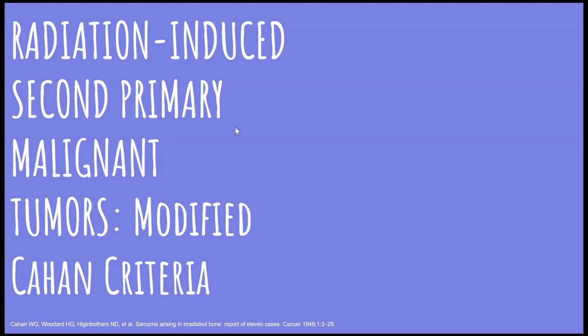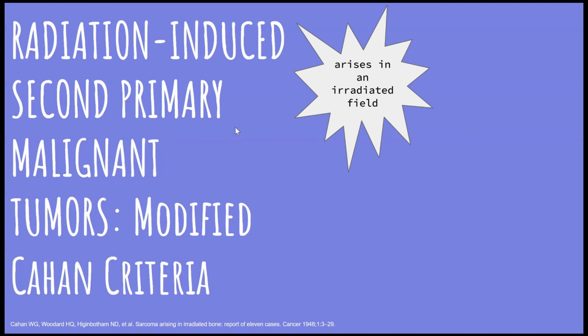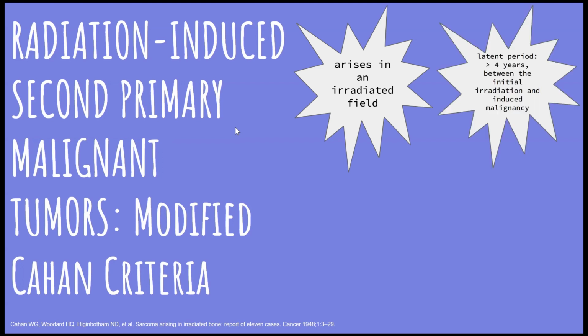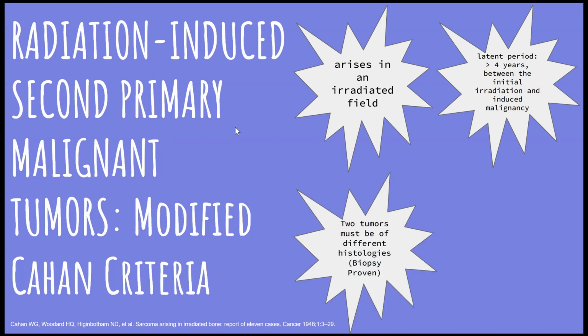So we have the modified Cahan criteria to decide whether a second primary malignancy is radiation induced. First, it will arise in the irradiated field. Second, there will be a long latent period, around 4 years or so. Third, the tumor would have a different histology.